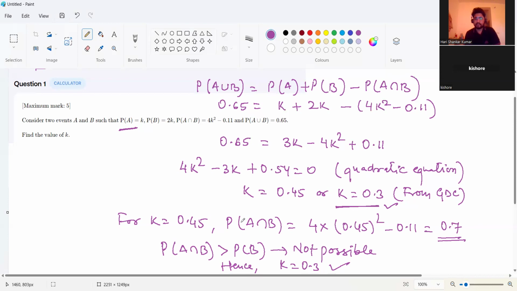If you put k equal to 0.3, then P(A intersection B) would be 0.25, which is less than P(A) or even P(B). So the k value 0.45 is not possible. So the k value is 0.3.